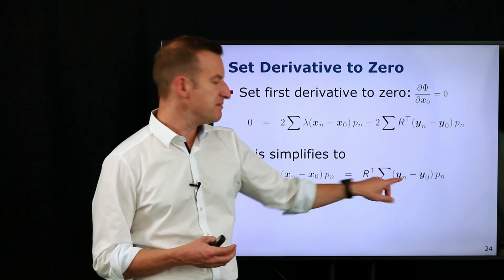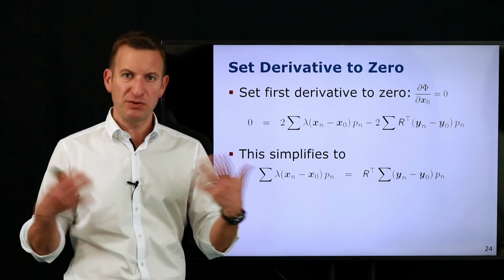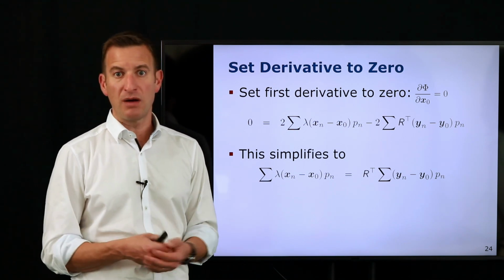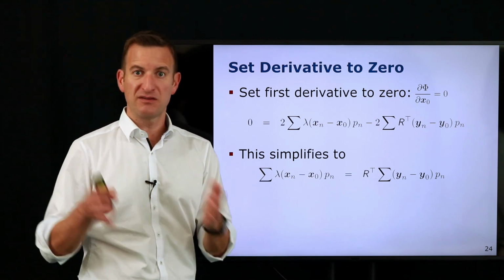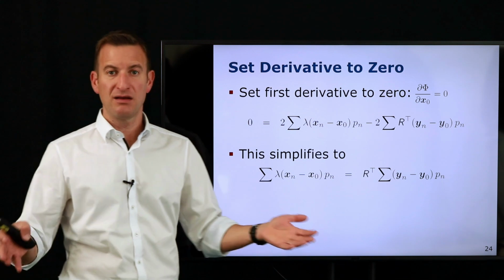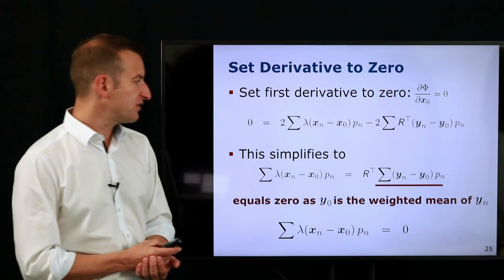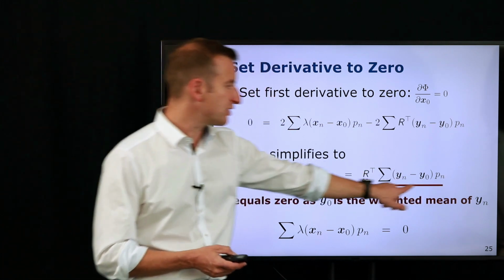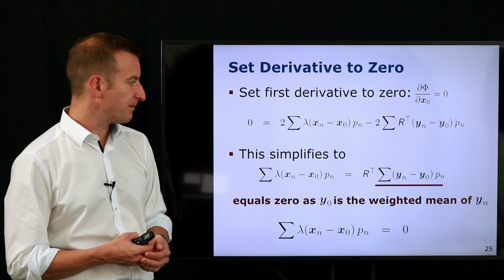But this is already the mean of those points. So if I subtract the mean from every data point and then compute the mean again, I will obviously get a result of 0, right? Because if I compute the mean, subtract the mean, and then compute the mean again from the subtracted values, I should end up at 0. So we can exploit that this expression over here must be 0 just by design.